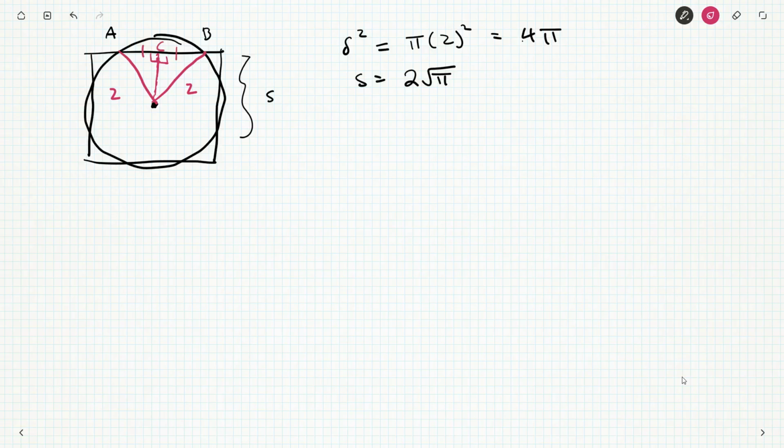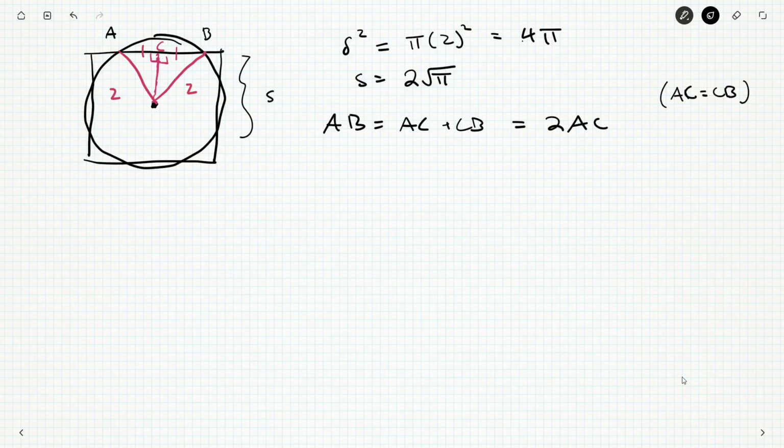So I might call that point C. So AB is AC plus CB, and that's really just 2AC. AC is equal to CB. We'll call this O. OC has a length a half of s, so it's just going to be root pi.